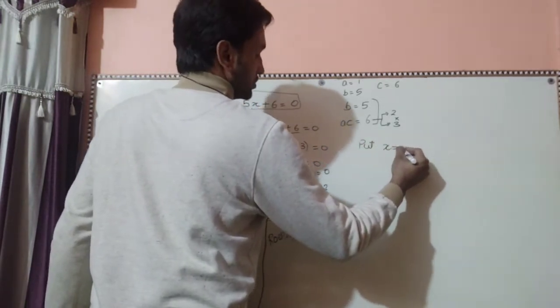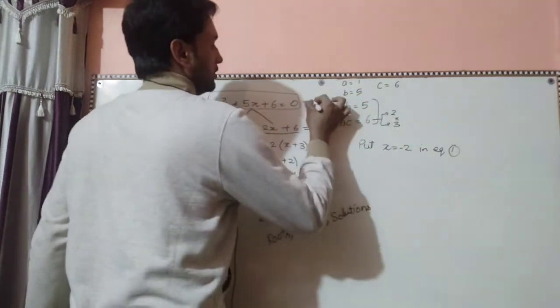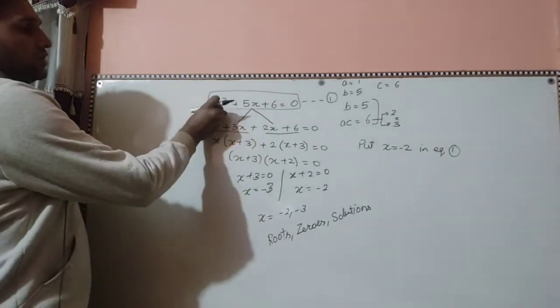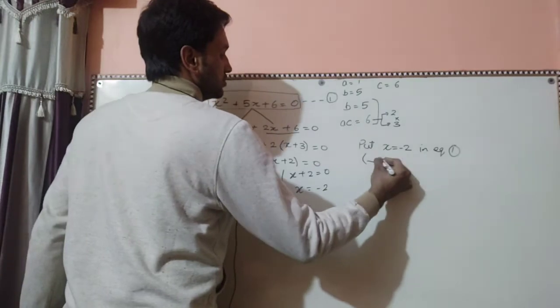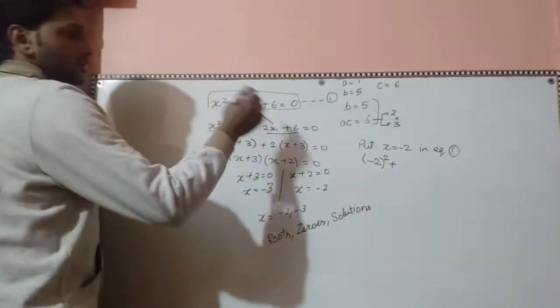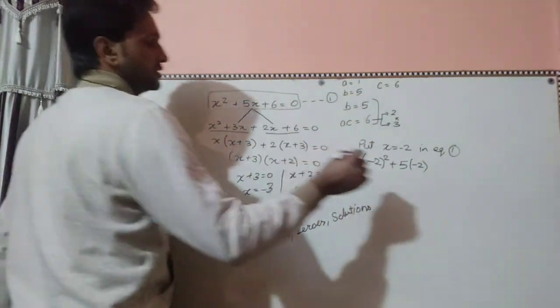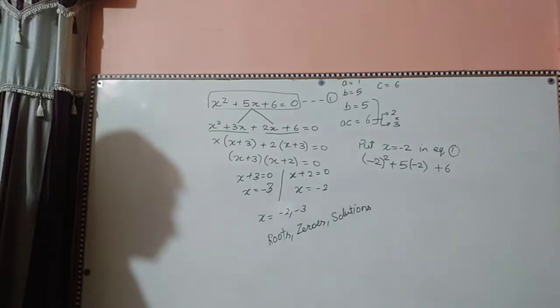Put x equal to minus 2 in equation, namely 1. Now simply replace the value of x by minus 2. x square will be replaced by minus 2 square plus 5 into minus 2 plus 6. This whole part must be equal to 0.